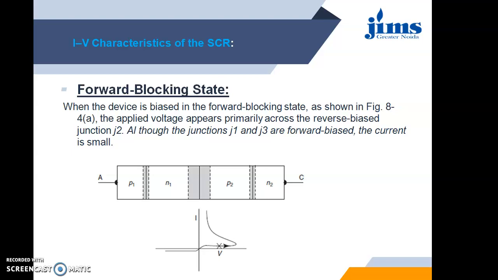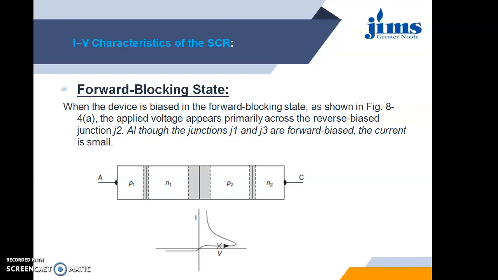So this is called the forward blocking state, as the middle junction J2 offers blocking although we apply forward bias, and if this voltage is not sufficient to overcome this blocking, no current will flow.